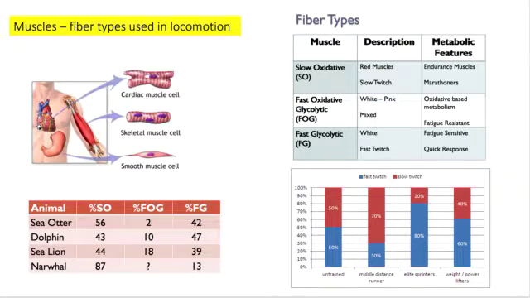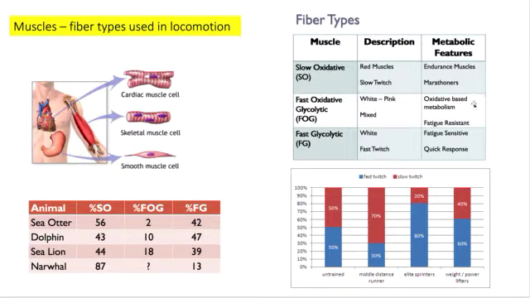We can also categorize muscles in a different way, and you see here another illustration of how muscles are categorized. And this has to do with striated muscle or skeletal muscle. Skeletal muscle can be slow oxidative, fast oxidative glycolytic, and fast glycolytic.